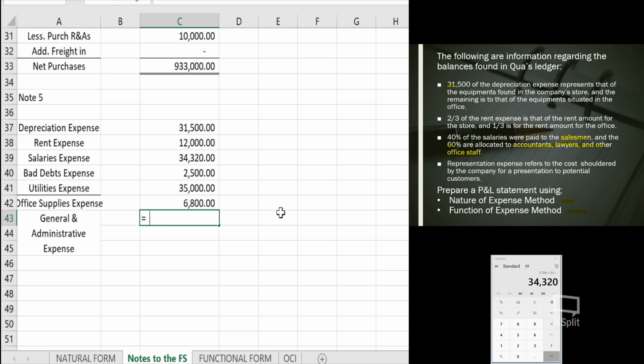So, we have to simply add. And then, double rule. Okay. So, ayan, nakuha na natin yung amount for our general and administrative expense.